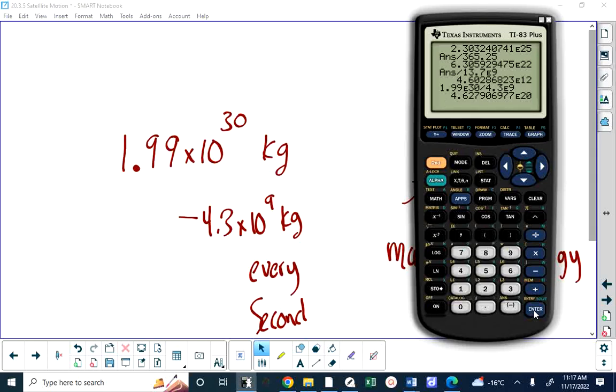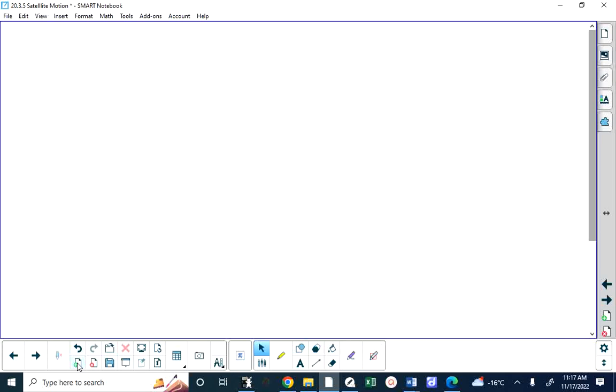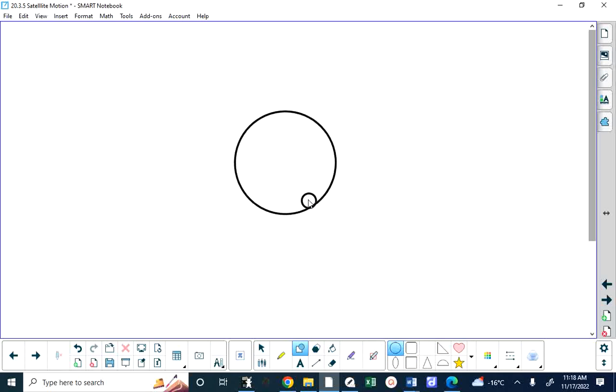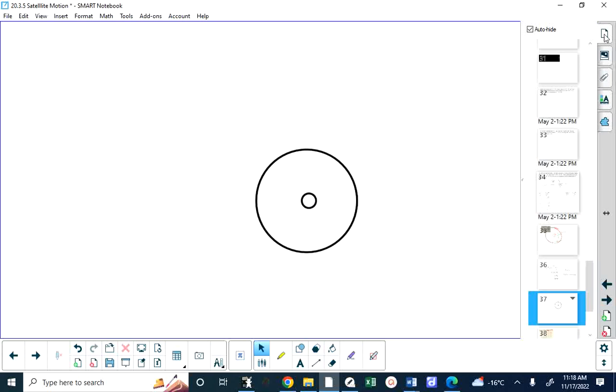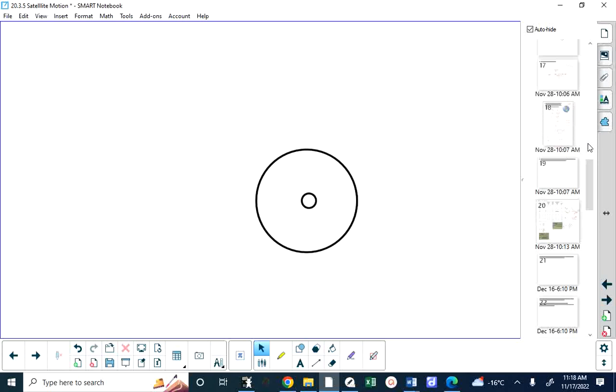There's something else I would like to talk about, and that's a geostationary satellite. And a geostationary satellite, of course, we've got the Earth, right? And then at some distance, and can I get you to look back at the example from yesterday? Let's go back and look at this result that we got for a geostationary satellite.